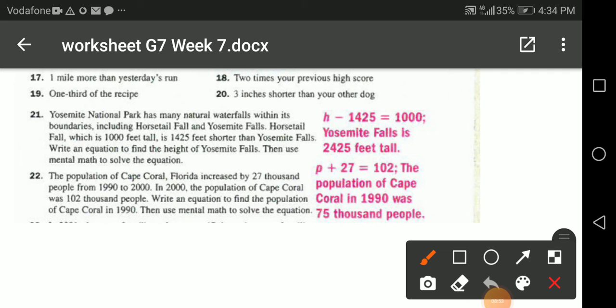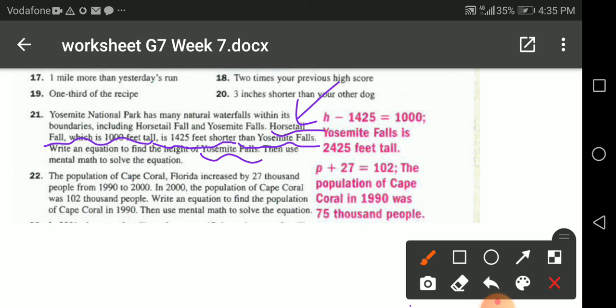So it said here that the Horsetail Fall is 1,000 feet tall, and also 1,425 feet shorter than Yosemite Falls. So we have two pieces of information, and he asks me to find the height of Yosemite Falls.